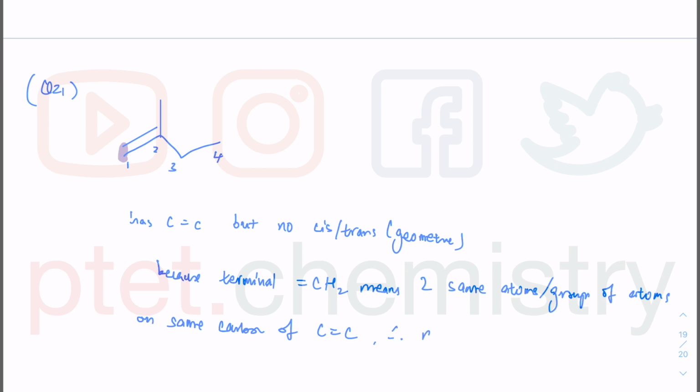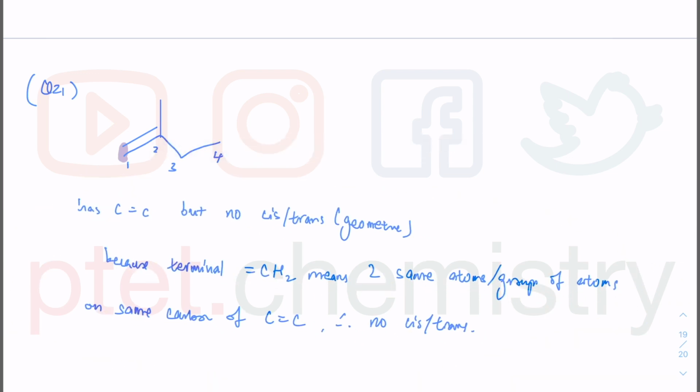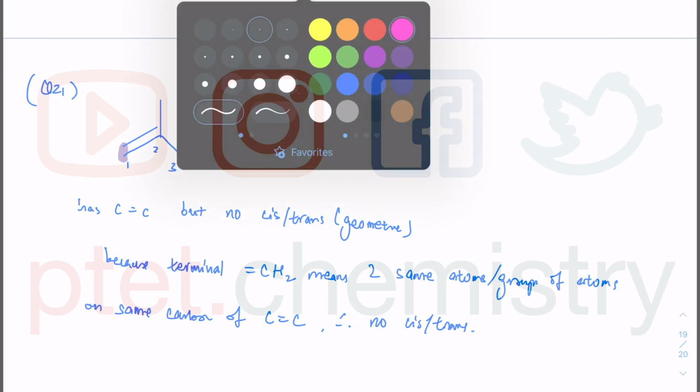Therefore, no cis-trans or geometric isomerism is possible as a result of that particular condition that's imposed by cis-trans isomerism. So student 1 must be wrong.